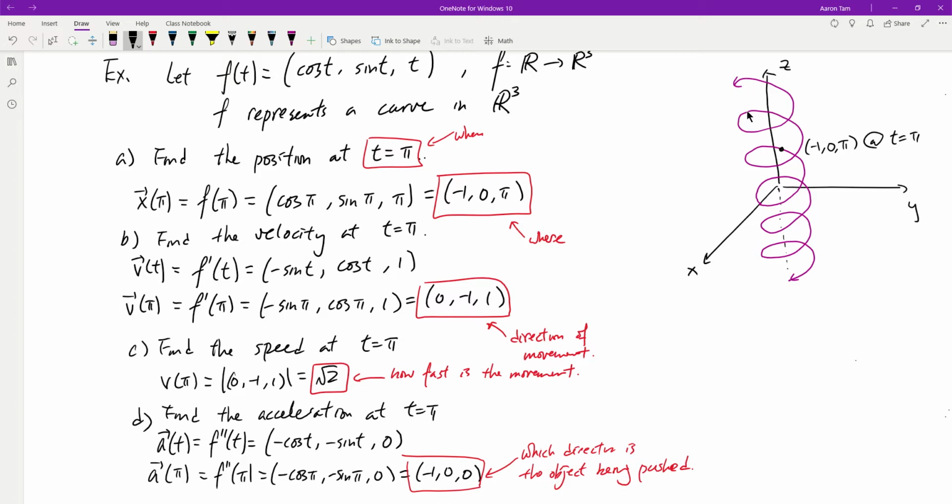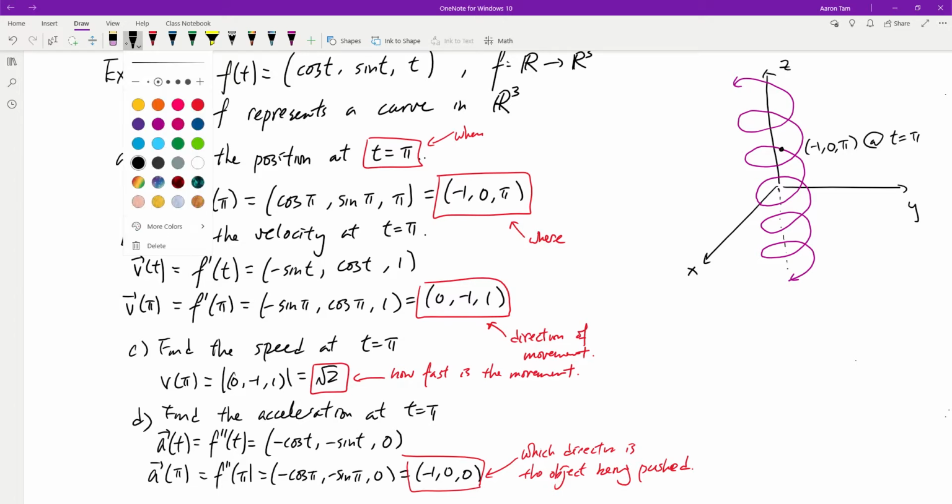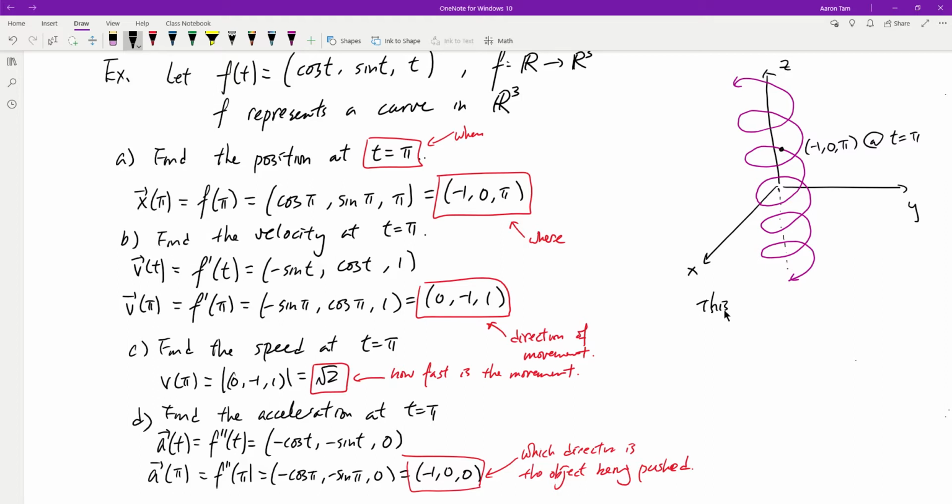Now, something interesting I do want to point out. The first thing I want to point out is this. This curve is an example of what we call a smooth curve. So I'm going to try to define what the word smooth means.